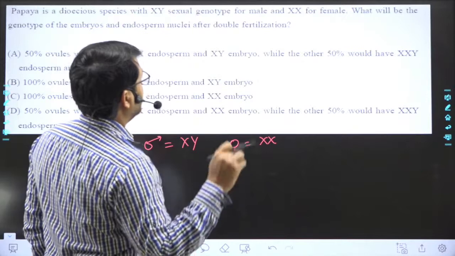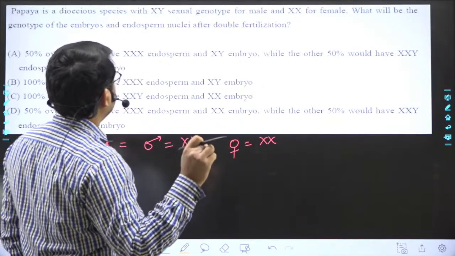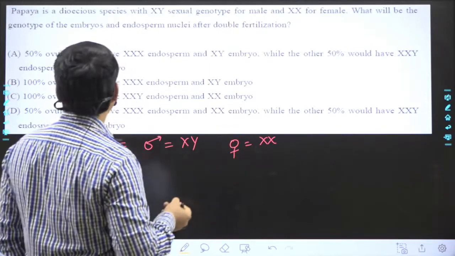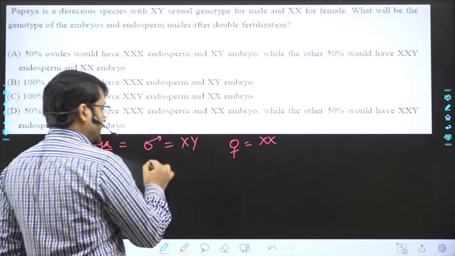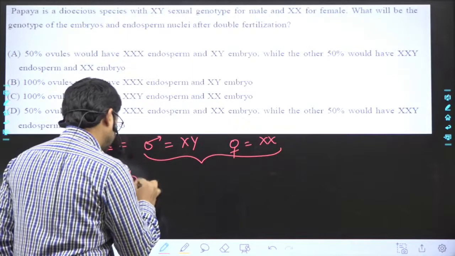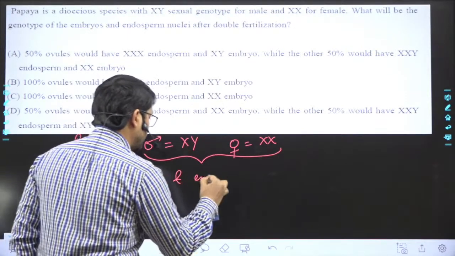What will be the genotype of the embryos and endosperm nuclei after double fertilization? ठीक है? What will be the genotypes of the embryos and endosperm?